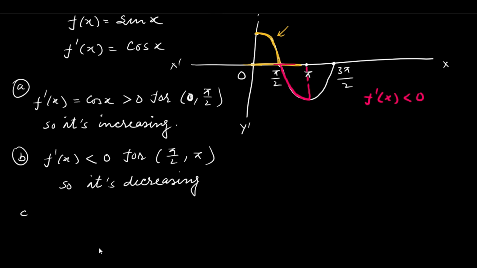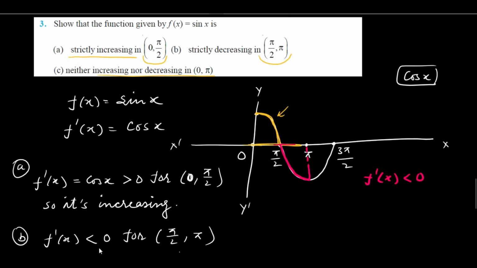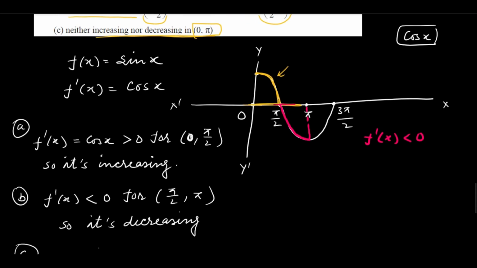Now the third is very important. Here you can see neither increasing nor decreasing for 0 to pi. For 0 to pi by 2 the given function is increasing, and for pi by 2 to pi the given function is decreasing.